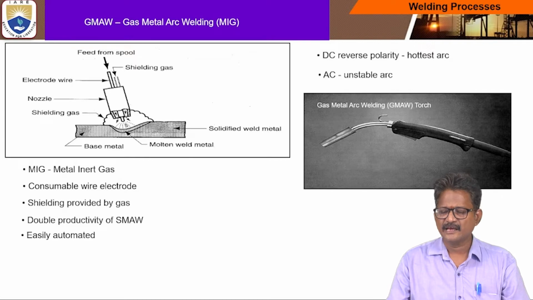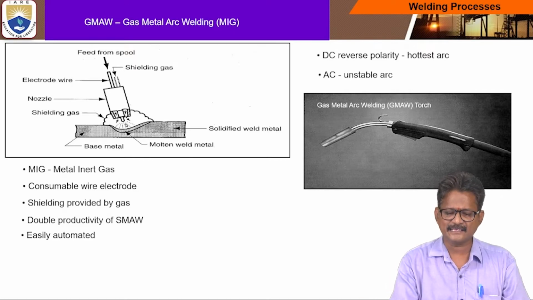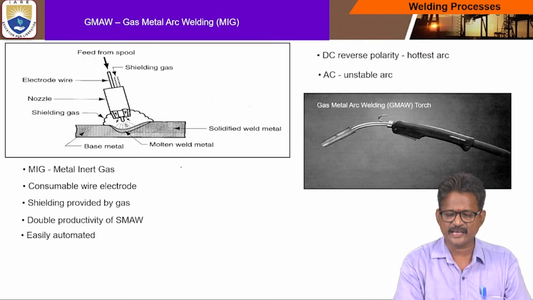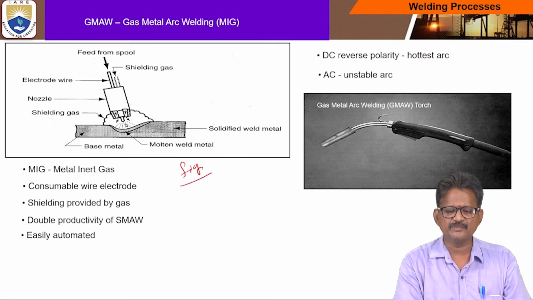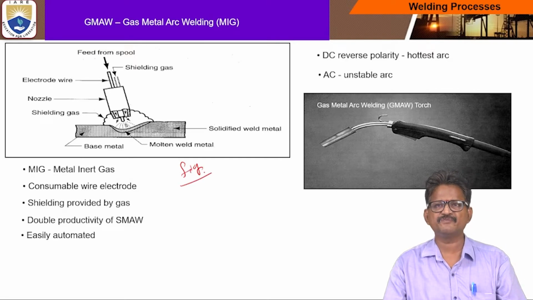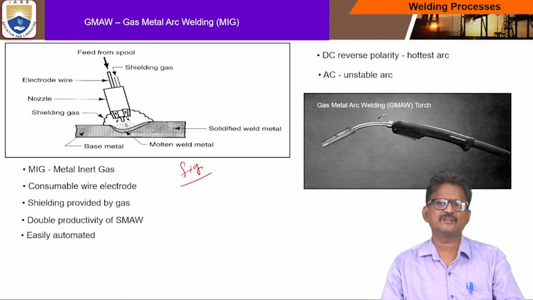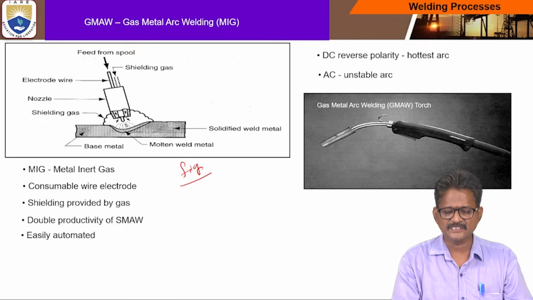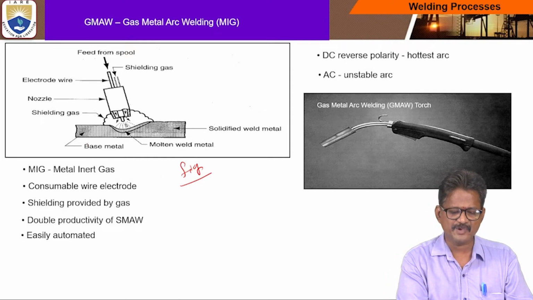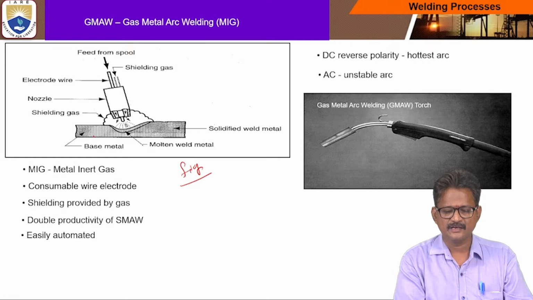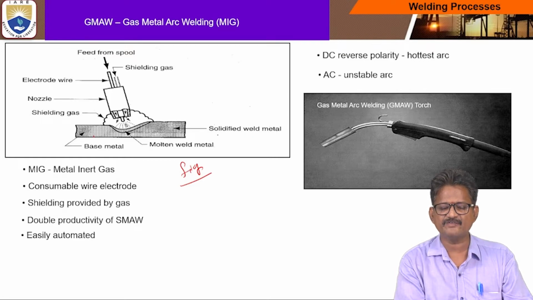Here also you can clearly understand from this small diagram how it is performed in the gas metal arc welding process. From this diagram you can see there is a base metal, from left to right, and this is the solidified weld metal.